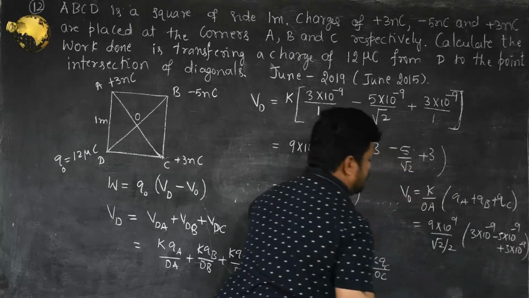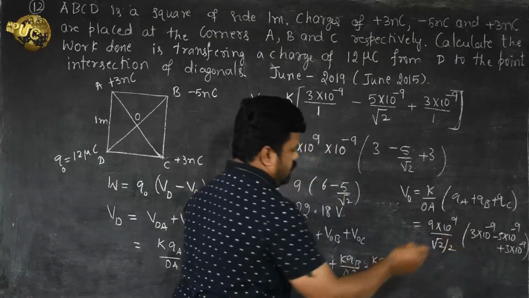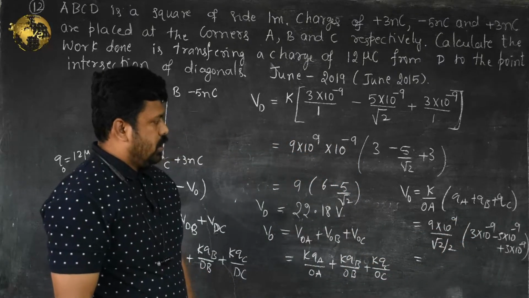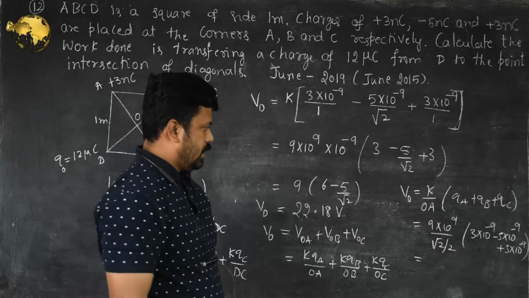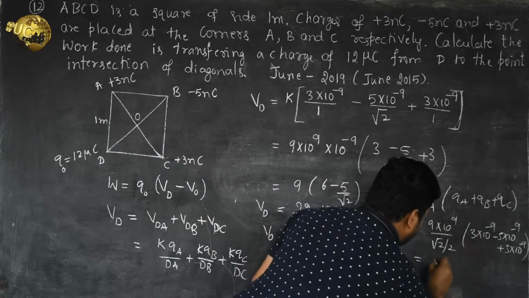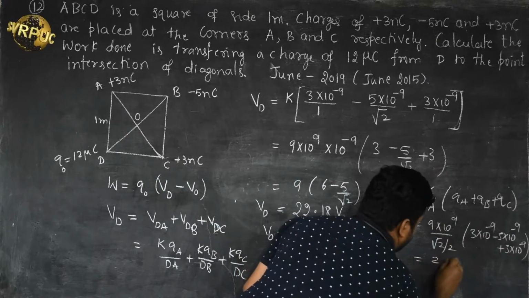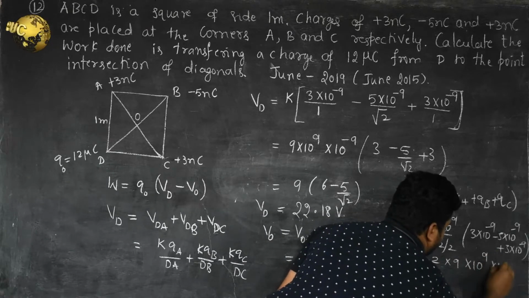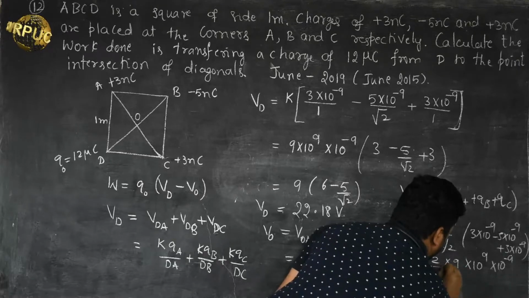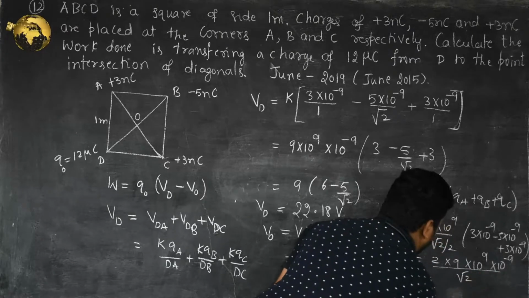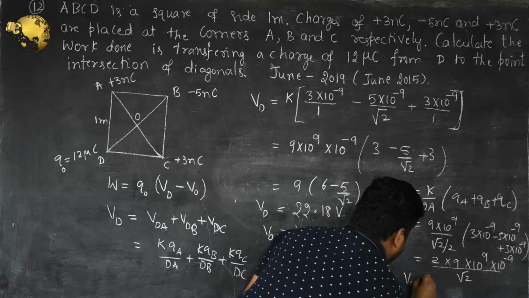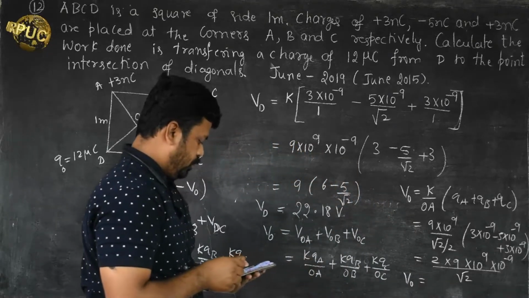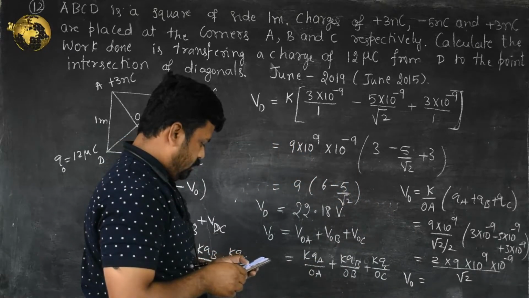On solving this, we get 6 into 10 to the power minus 9 minus 5, so 1 into 10 to the power minus 9. So finally, 2 shifts upwards, 2 into 9 into 10 to the power 9 into 10 to the power minus 9 whole divided by root 2.